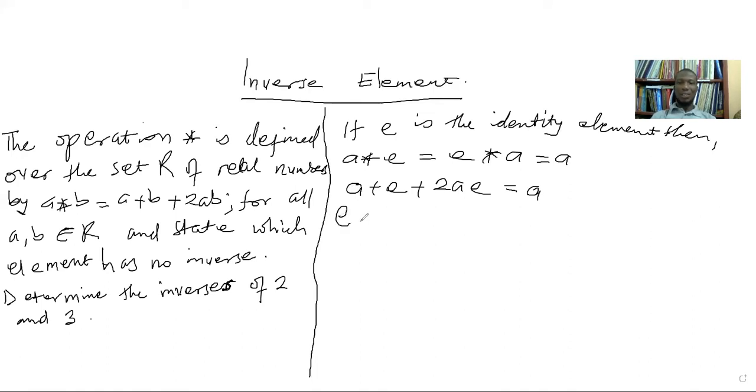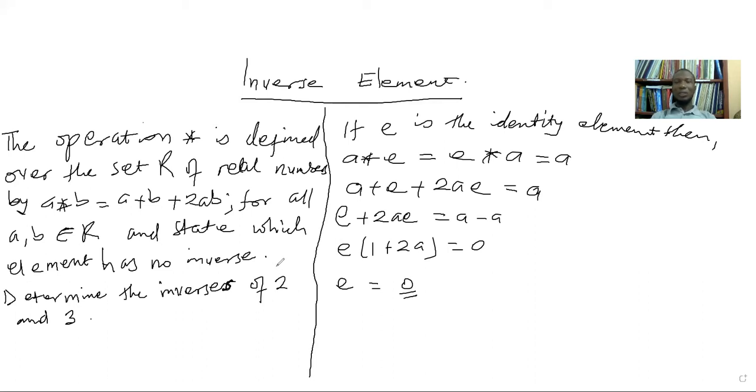So that's going to give us E plus 2AE equals A minus A. We factor E out to get E times 1 plus 2A, that should give us 0. And then our E will be equal to 0 because when we divide both sides by 1 plus 2A, 0 divided by any number at all is 0. So that is our identity element.